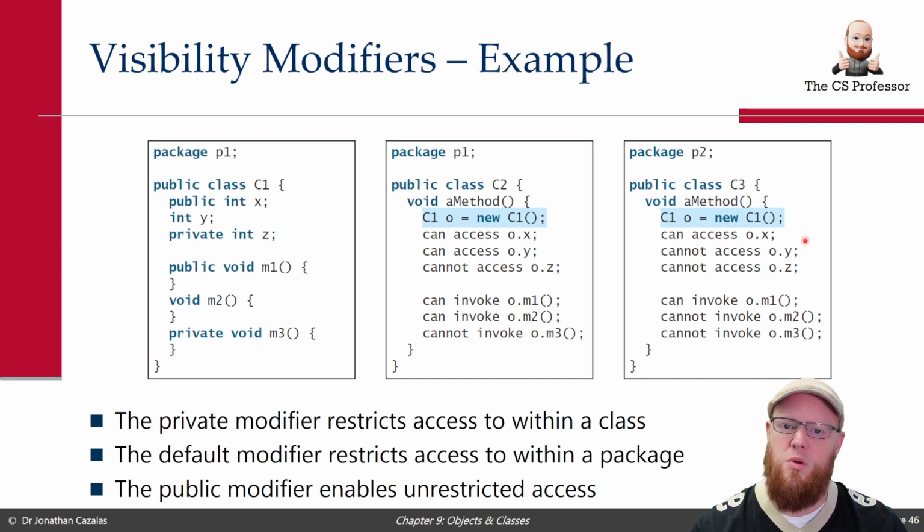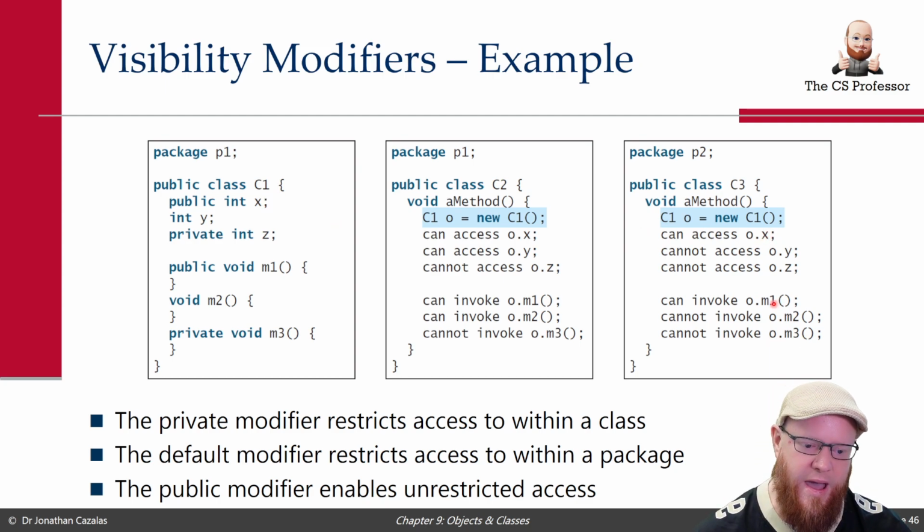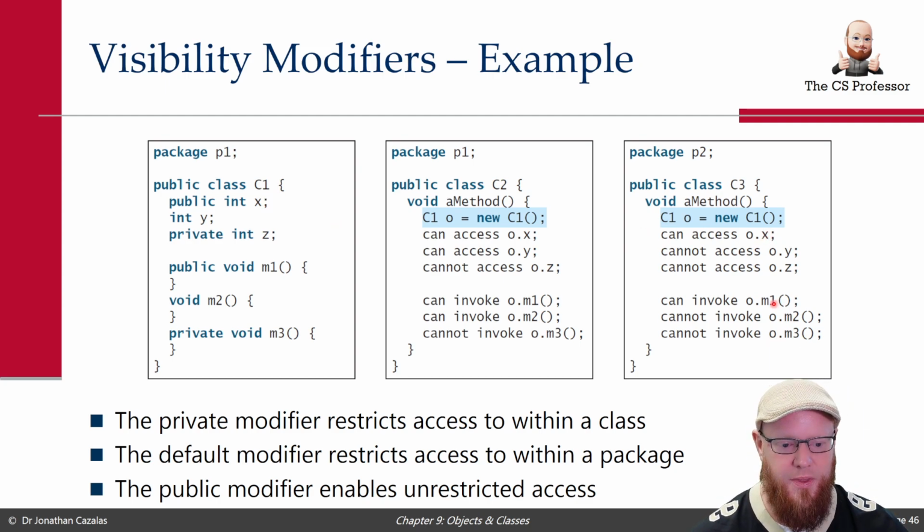And the same thing, we want to see which data members of C1 and which methods do we have access to within this class C3? So we have access to X because it's public, and we have access to method M1 because it's public.